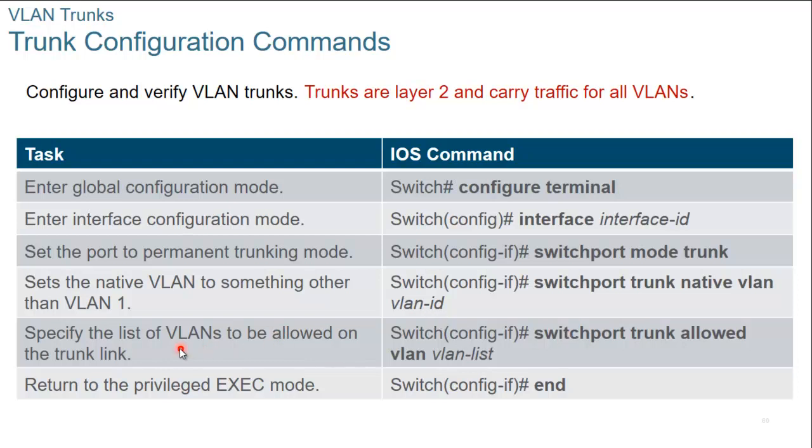And then we are going to specify the list of VLANs to be allowed on the trunk link. So we type switchport trunk allowed vlan, and then the VLAN list. If it's only one, let's say VLAN 10, we type vlan 10. If it's more than one, let's say VLAN 10 and 20, we type vlan 10,20.